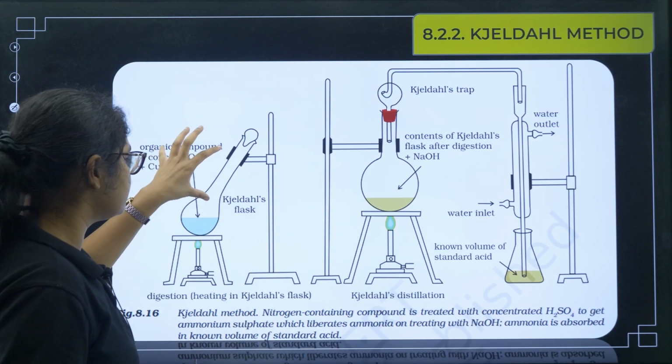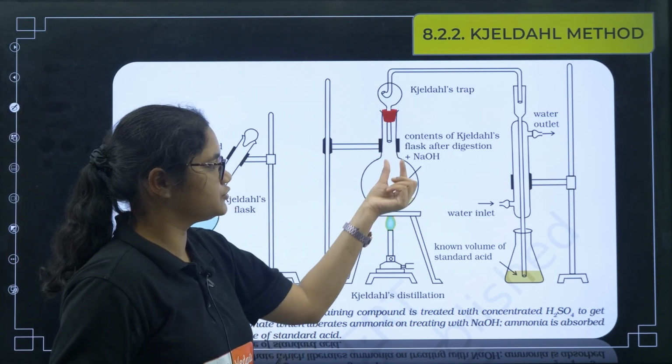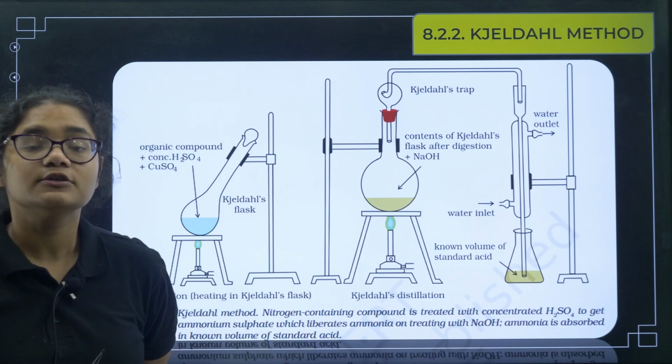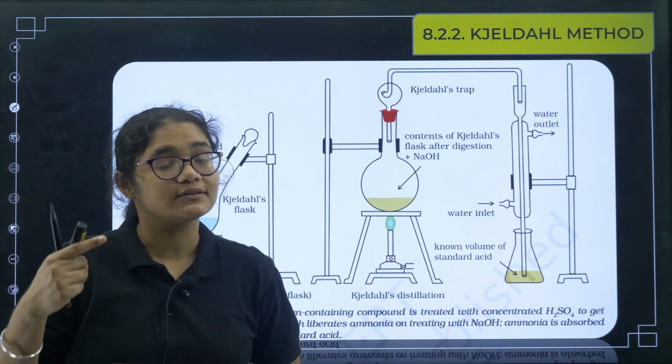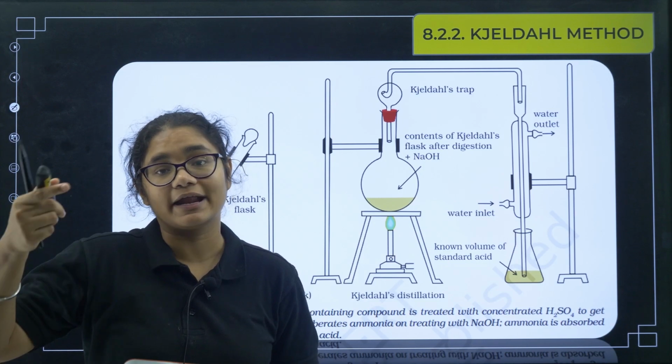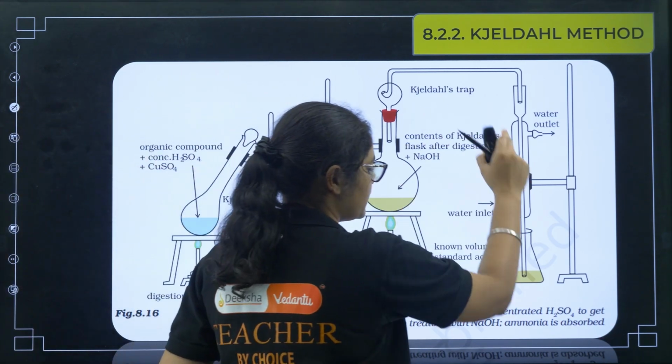Now we have this ammonium sulfate mixture, and you treat that solution with sodium hydroxide. Once you do that, the ammonium ion NH4 gets converted back to ammonia. So now ammonia is present.